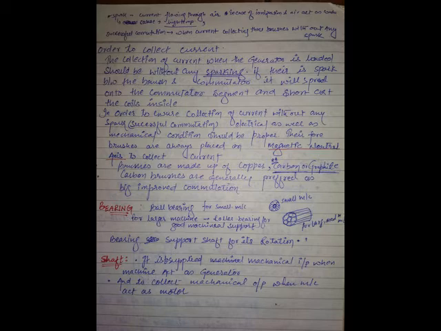Z by 2. You know, this is one conductor, this is one conductor. So 2 conductors, 1 turn. 4 conductors, 2 turns. 6 conductors, 3 turns. So turns are always conductors by 2.